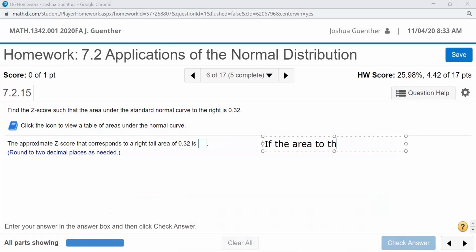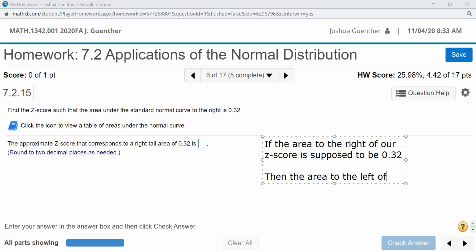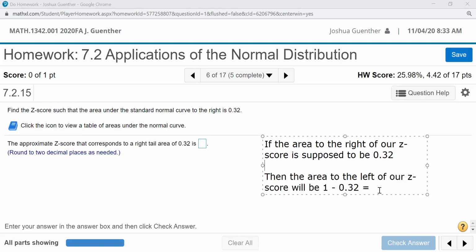If the area to the right of our z-score is supposed to be 0.32, then the area to the left of our z-score will be, using the complement trick, 1 minus 0.32, which is 0.68. So we're not looking at 0.32 as a probability, we're looking at 0.68 because that's a left-tailed probability, the probability of being less than a specific z-value.